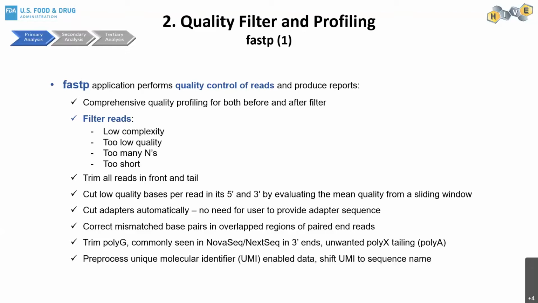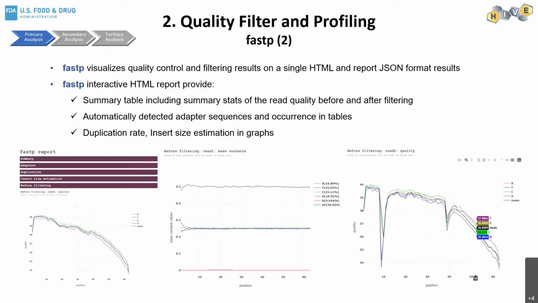The tool is able to process or pre-process using UMIs. Not that we're going to use it for the RNA-Seq for this pipeline, but this tool is able to do that. Again, FastP gives us some quality control in a single HTML report, and JSON in case we need it. We can get a summary table including all the statistics for the read quality before and after filtering.